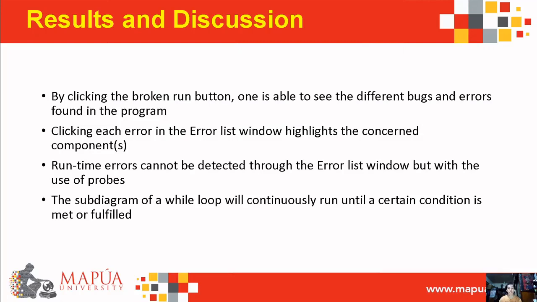Next, the sub-diagram of a while loop will continuously run until a certain condition is met or fulfilled, hence its name, while loop. It will continuously run while a certain condition is not met yet.